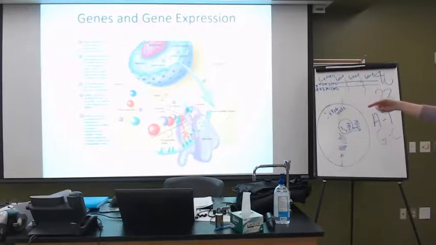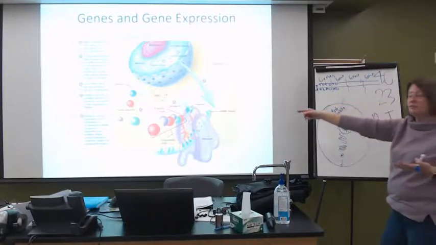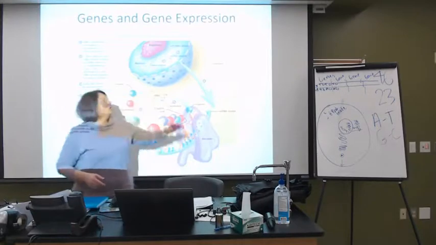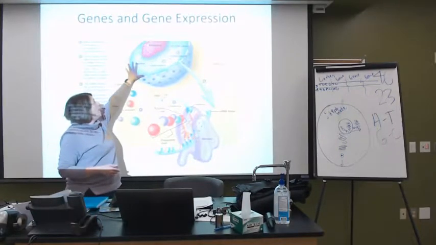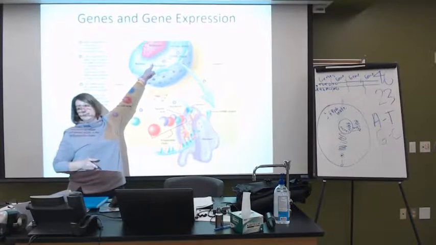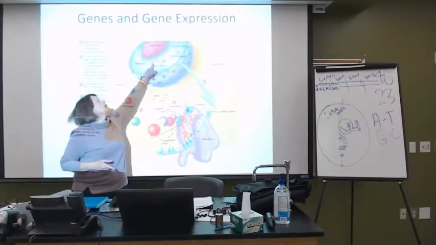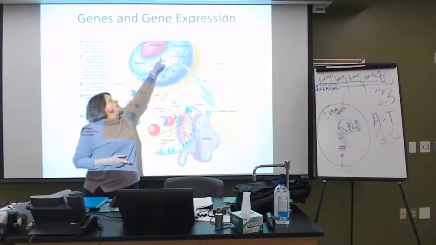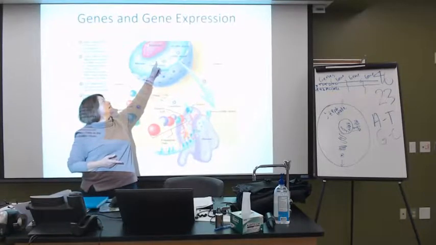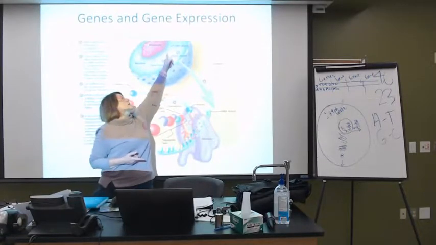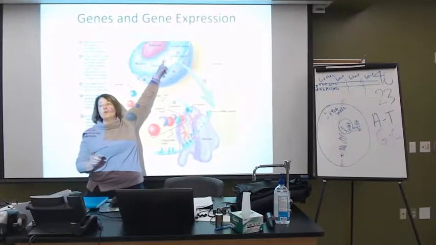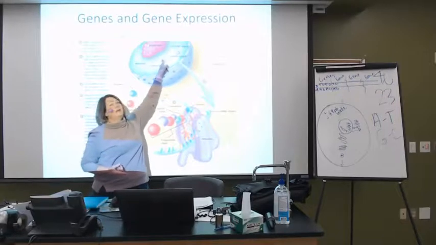Let's take a peek at what they're trying to show us in this picture. We have our nucleus and our double-stranded DNA. It's open at this point. Note how they're showing it's not open here, it's not open there. The part that will code for the protein is right here.